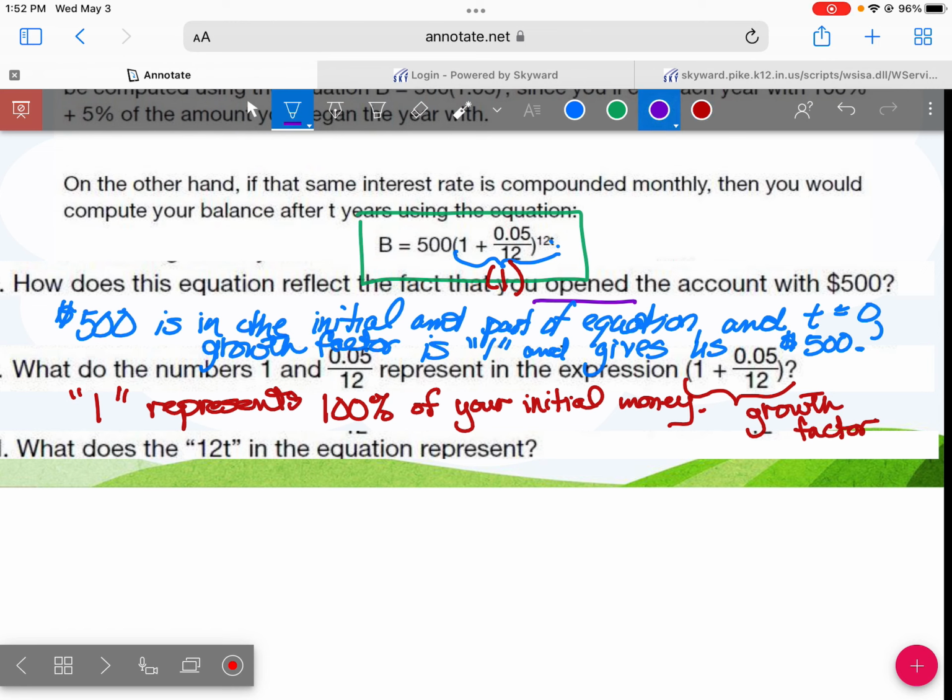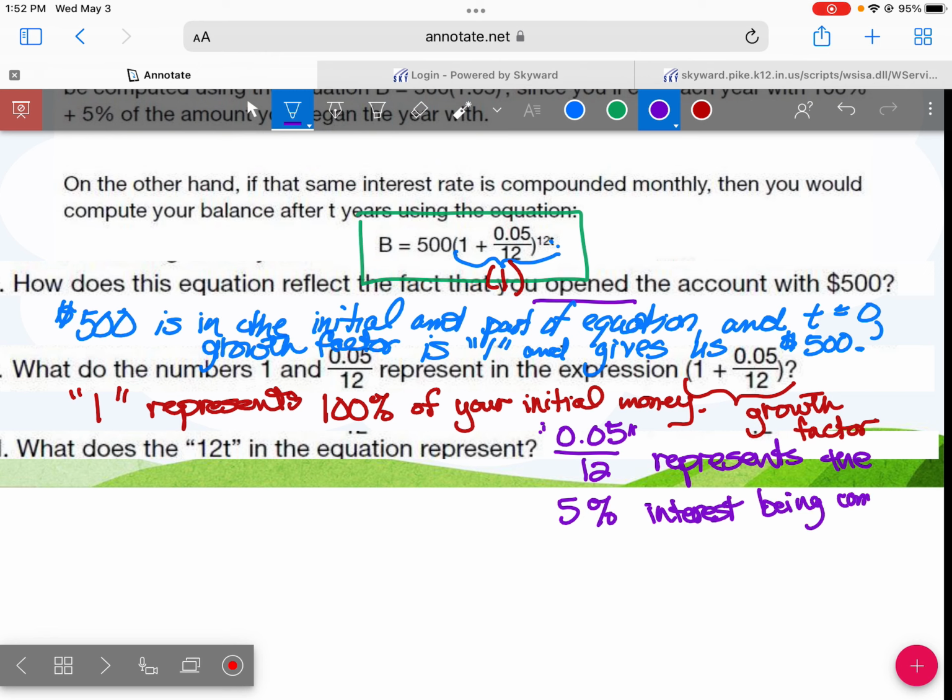So then the 0.05 over 12 represents the 5% interest being compounded monthly on the initial amount.